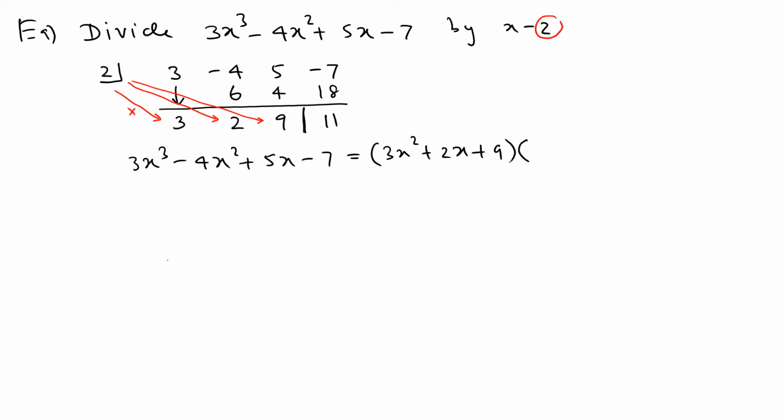You divide this by x minus 2 and you get 11 as a remainder. So that's the remainder, and that's the quotient. This is one way, and you can also write it in the other form.